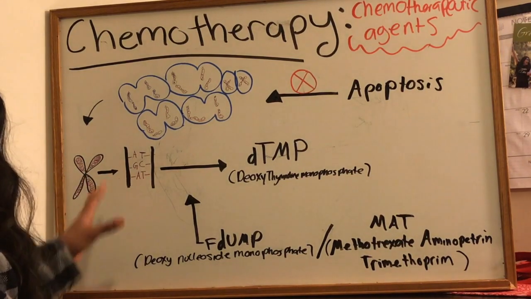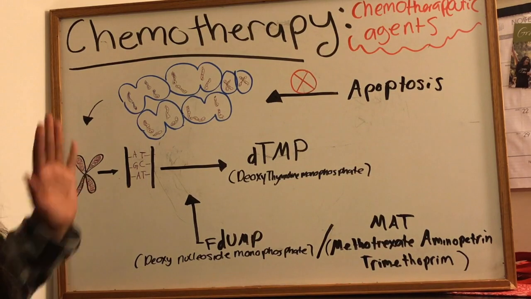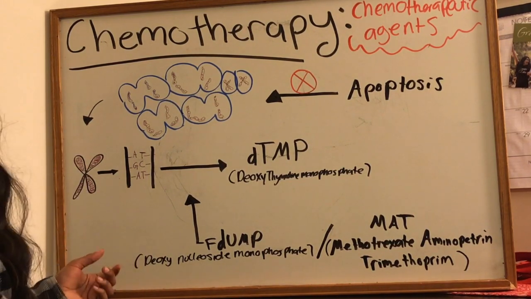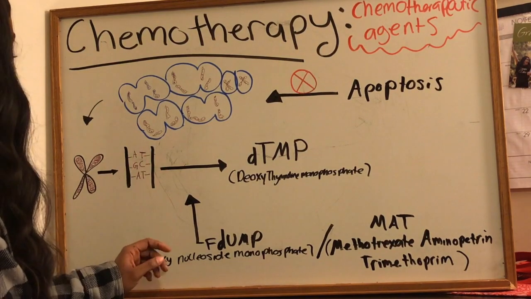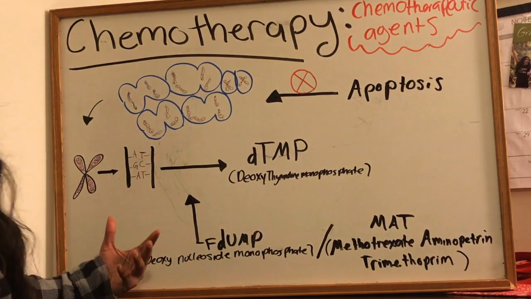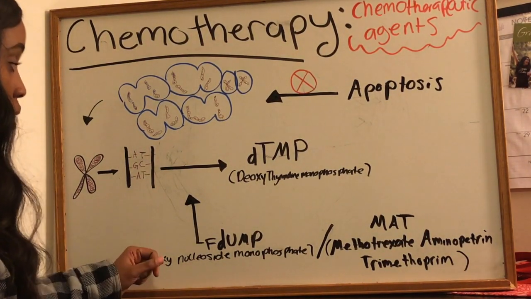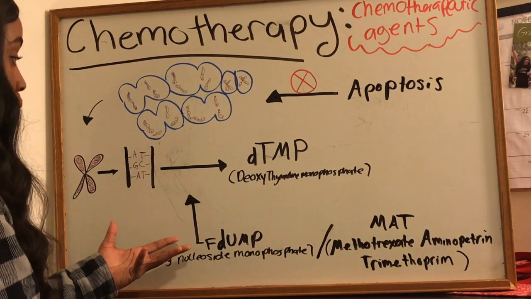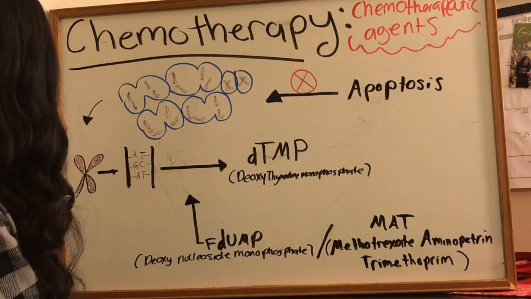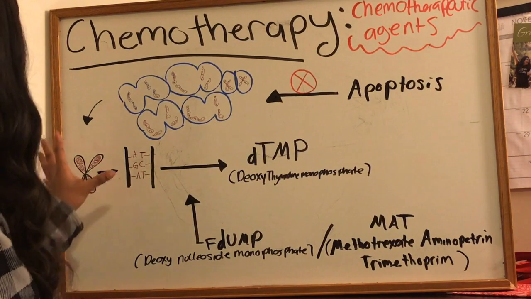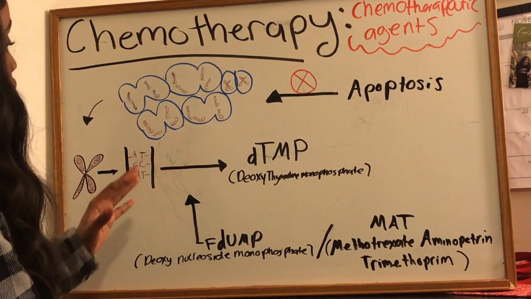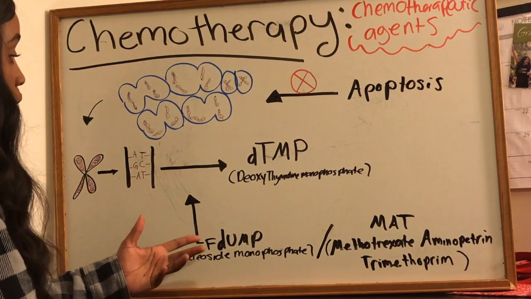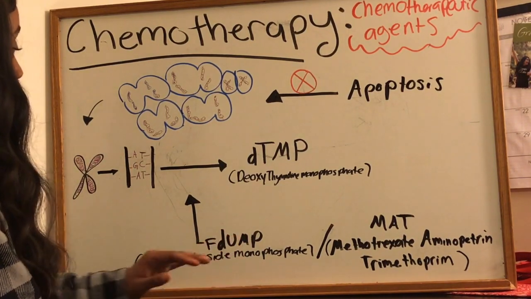So the next step in managing this rapid cell growth would be by regulating the DNA replication. And we know that DNA is composed and expressed by its nucleotides. And since we are biochemically familiar with the metabolism of nucleotides, we can control the replication of cancer cells by interfering with the synthesis of nucleotides.